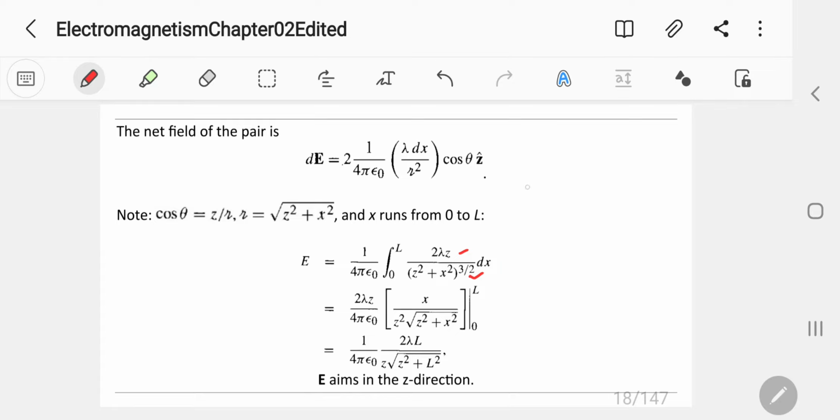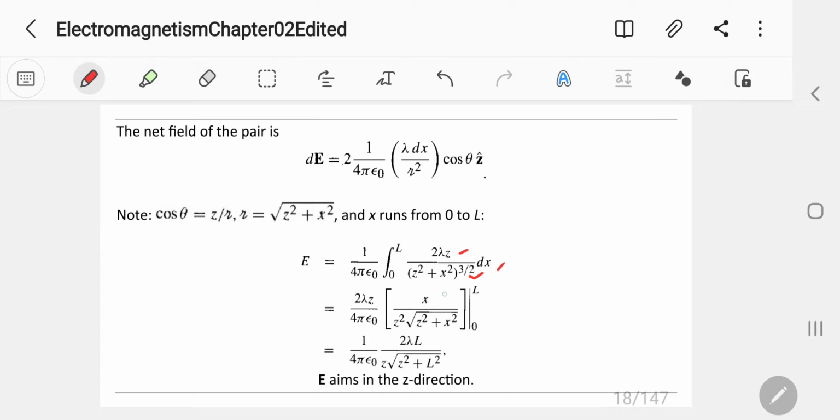Of course, cosine theta is just z over z squared plus x squared raised to the 1/2, and you have dx here.